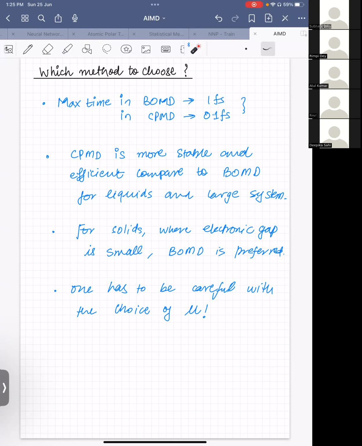But the energy conservation limit in Born-Oppenheimer molecular dynamics is much higher. Basically, the fluctuation of energy in Born-Oppenheimer molecular dynamics is higher compared to CPMD.